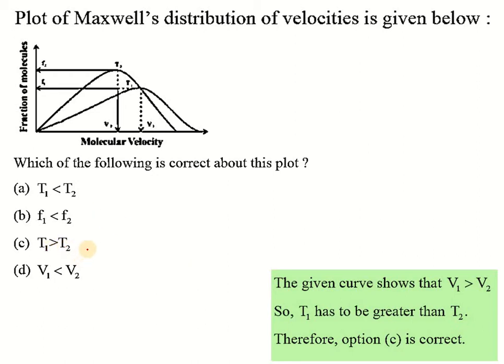So the correct option is option C. Very clearly this is V2 and this is V1, and this is T2, this is T1. So T1 is greater than T2.